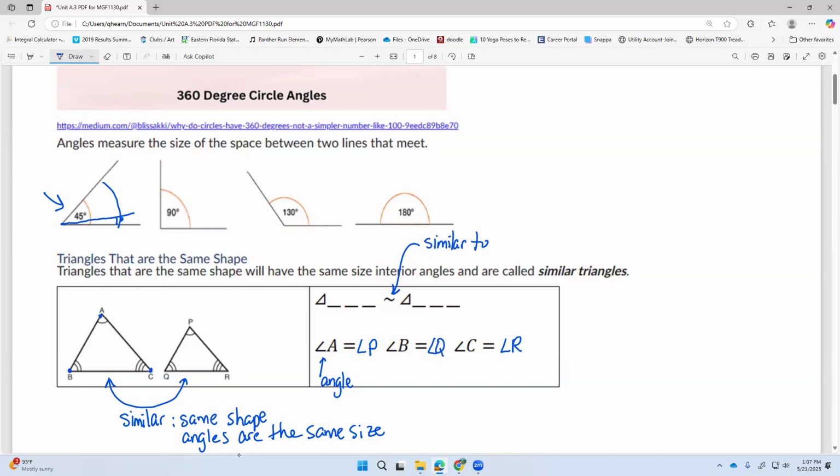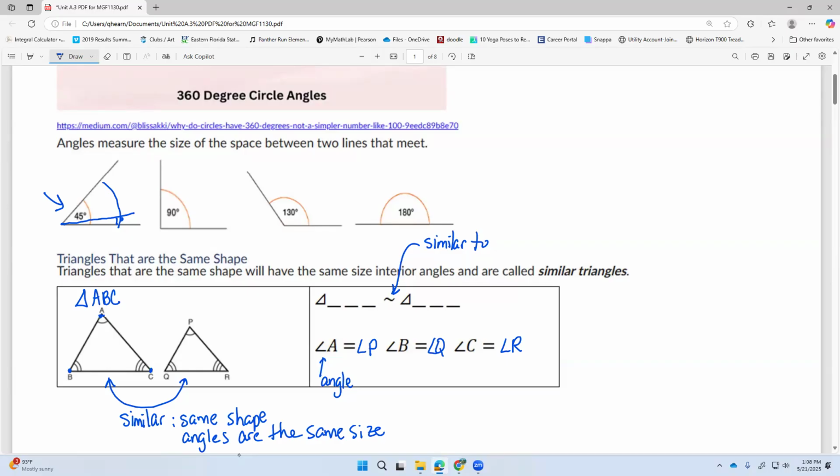The vertices are the little points. So, for example, the triangle on the left could be called triangle ABC, but it could also be called triangle BCA or ACB, any order, it doesn't matter. We usually go in alphabetical order if we can, but you don't have to.